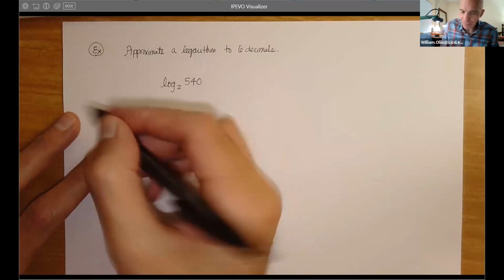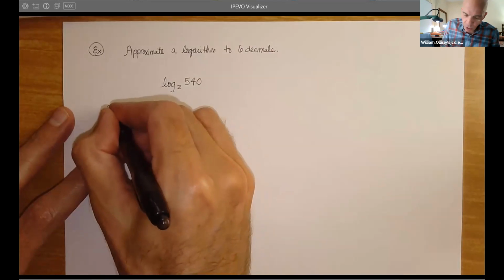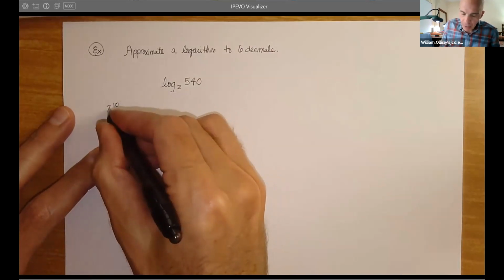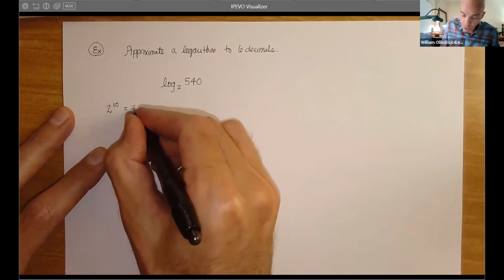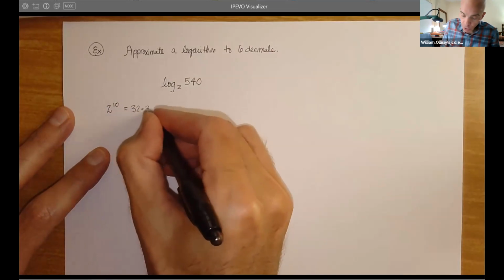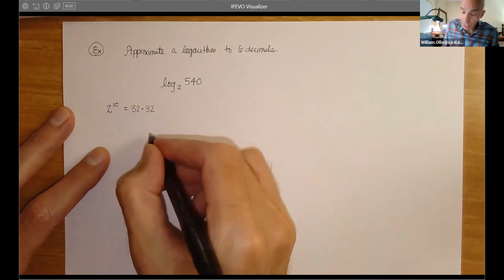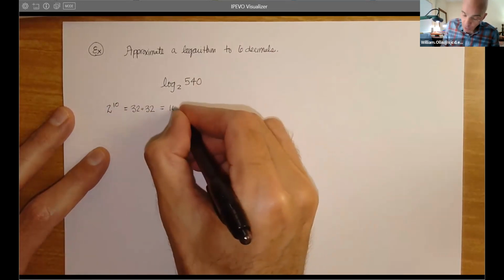Notice, and this is not anything that difficult, we work a lot with powers of 2. 2 to the 10th power is just 32 times 32. 2 to the 5th times 2 to the 5th, or 32 times 32. And that's a very popular number. That's 1,024.